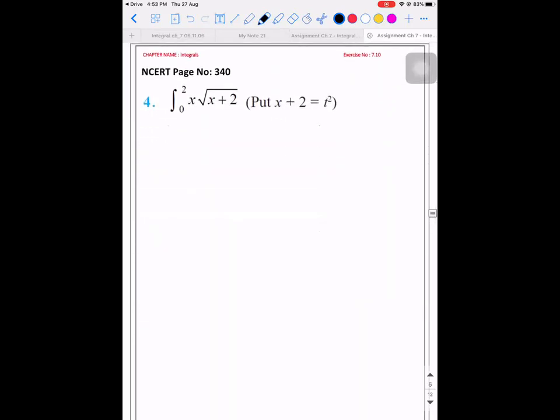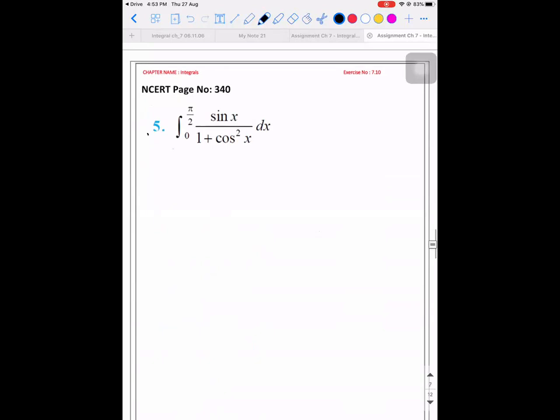So from here, I'll give you hints alone. Here they themselves have given you the hint. Fifth one, what are we supposed to do? Look at the expression. Whenever you have a numerator and denominator, I can take cos x as t.